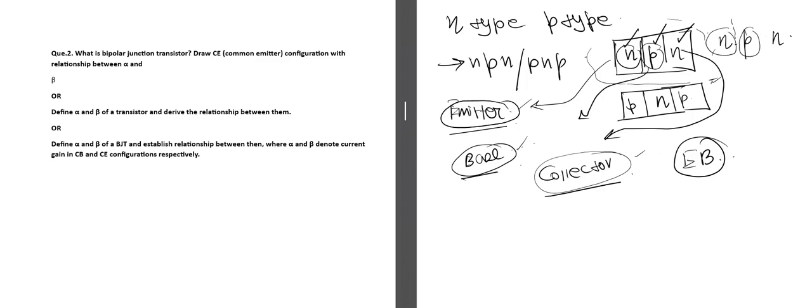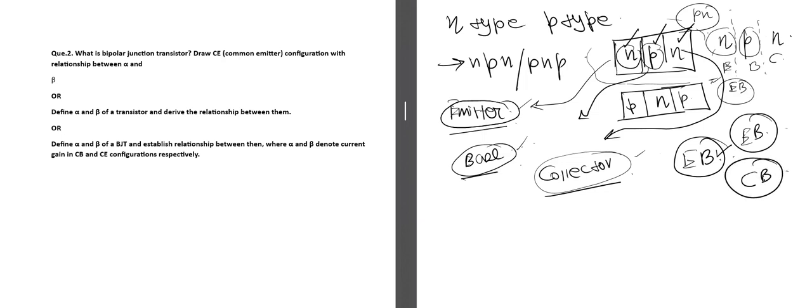Between the emitter and the base, a junction is formed, which is the PN junction concept, with a voltage of EB. Similarly, between the base and the collector, another PN junction forms, which is named CB.